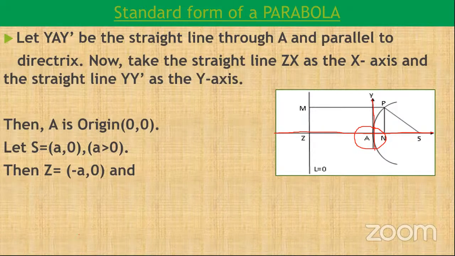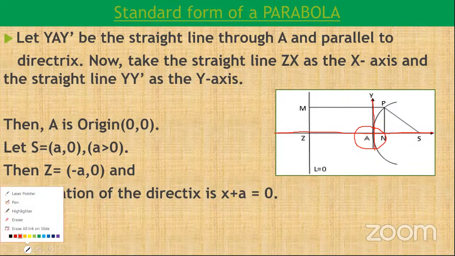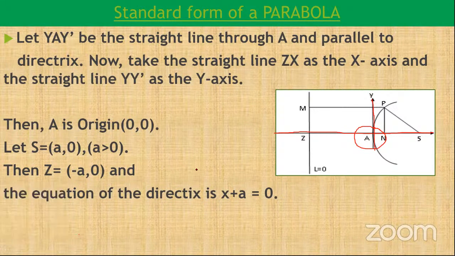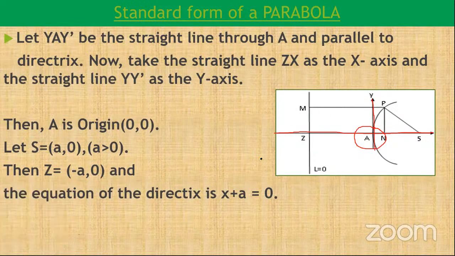Is this clear, children? These are the very, very important things that you need to learn, or that you need to focus on. Then everything is in the definition. Then the equation of the directrix is x plus a equal to 0. This is the line, and I'll take another color so that you can understand well, children. The directrix I'm marking with blue color.